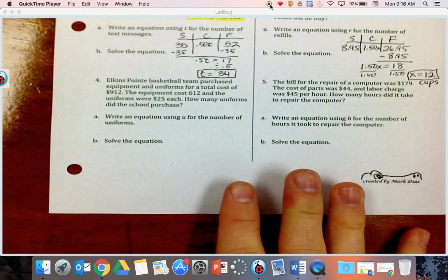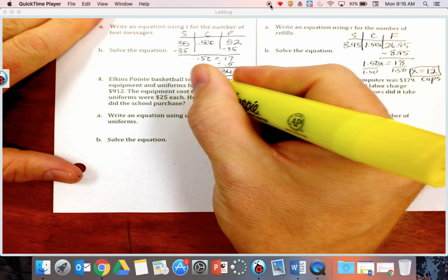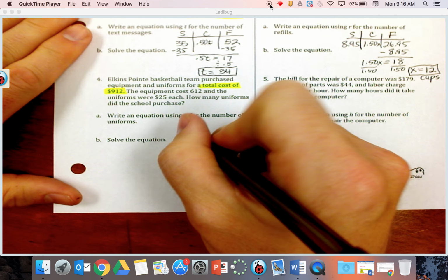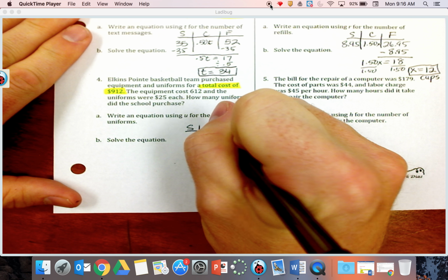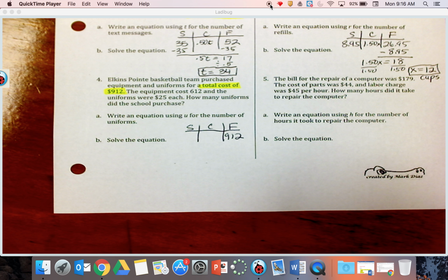Number 4 is the same type of problem. It says that the Elk Point basketball team purchased equipment and uniforms for a total, oh my gosh, there's my finish right there, a total of $912. Now I'm looking for my start and my change.